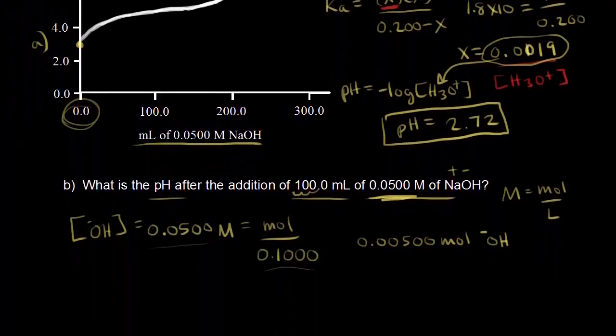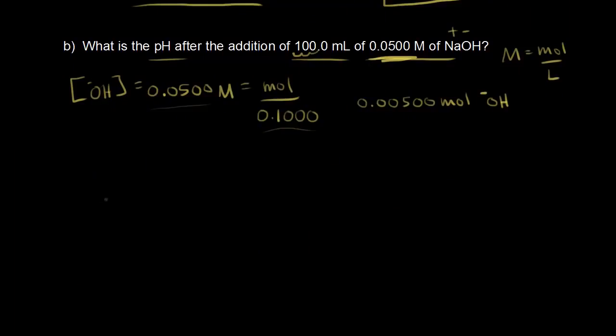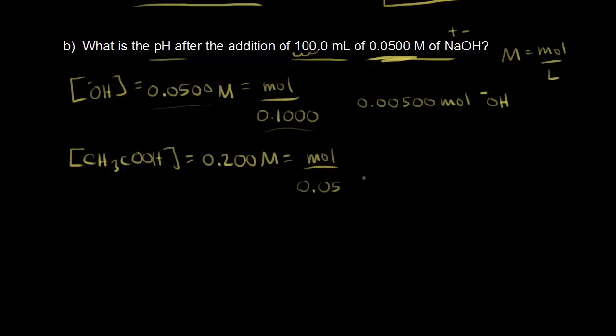So the concentration was 0.200 molar, and that's equal to moles over liters. We start with 50 milliliters, which is 0.0500 liters. So we multiply 0.2 by 0.05, and we get 0.0100 moles of acetic acid. So that's what we're starting with here.